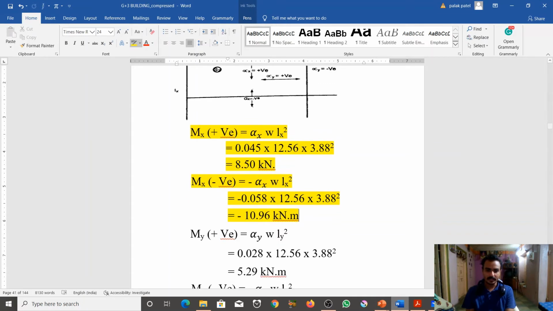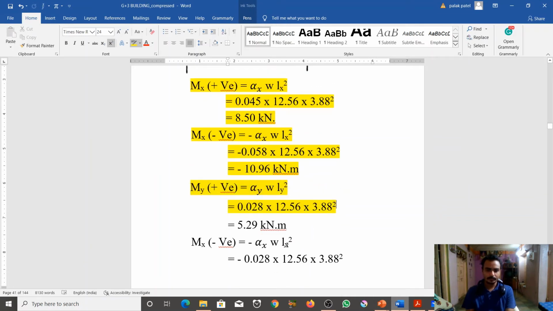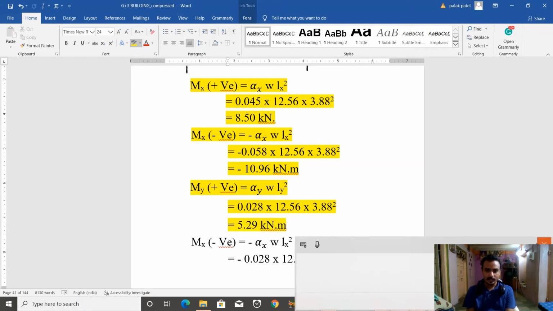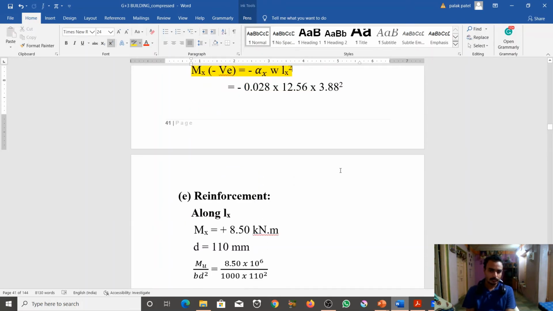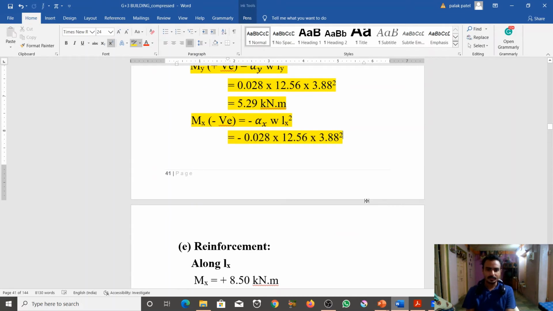Same for My, alpha Y w Ly square: 0.228, w 12.56, here is Lx 3.88 square. So My is 5.29 kilonewton meter. So this is My at the mid span. Mx negative, we can find out.